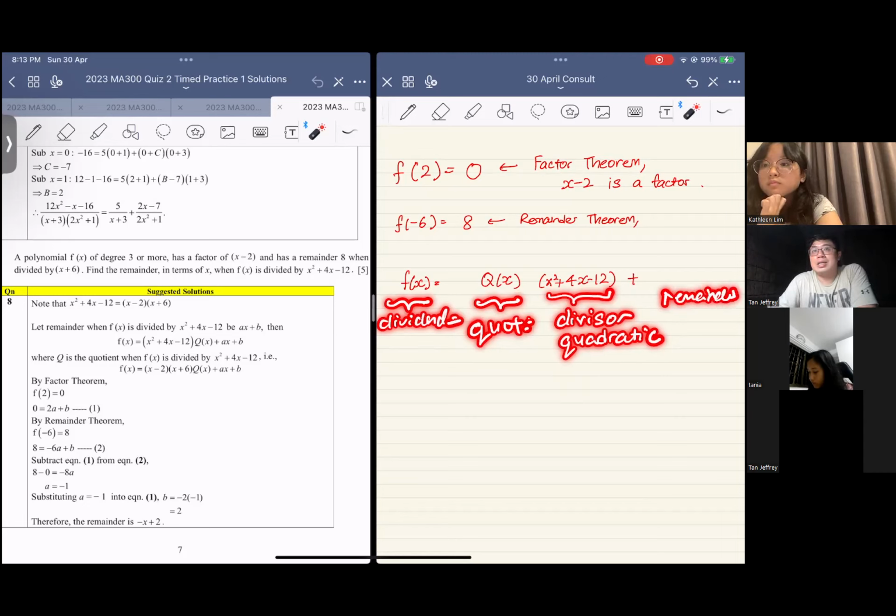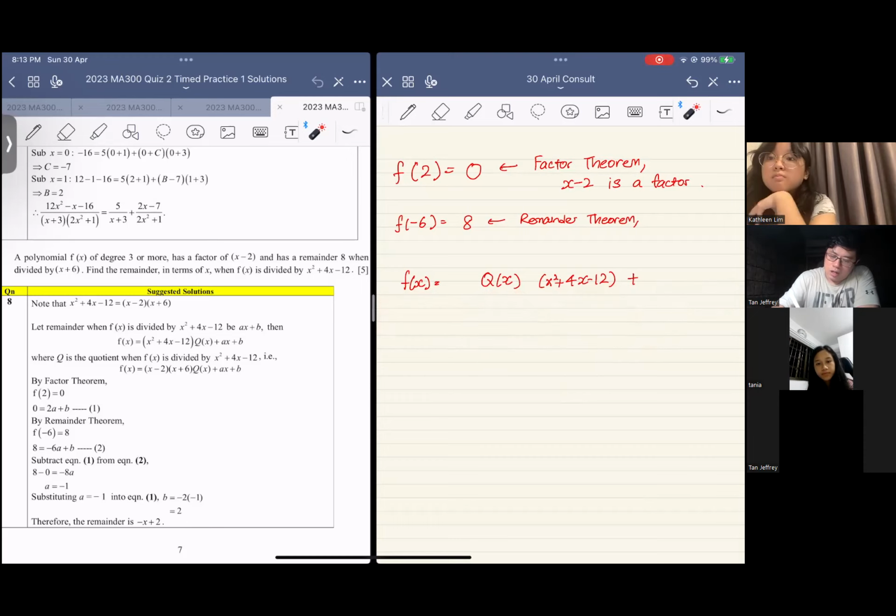Okay, so for a quadratic divisor, your remainder has to be possibly linear. It is possibly linear because if it's a linear divisor, the remainder is a constant; for a quadratic divisor, it is linear. So that's the first thing that you must know.